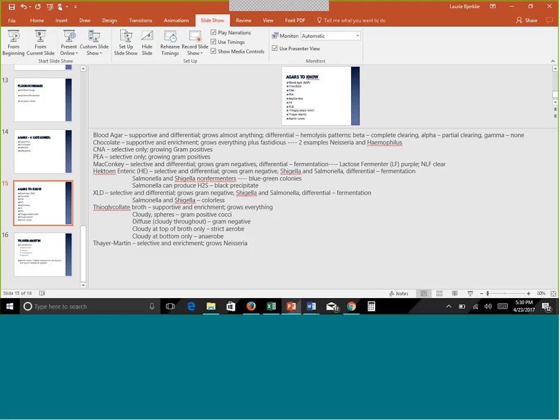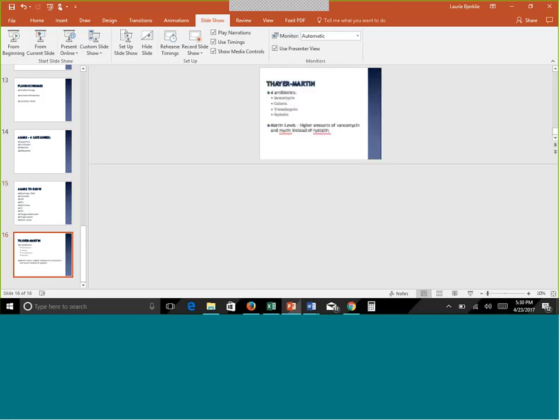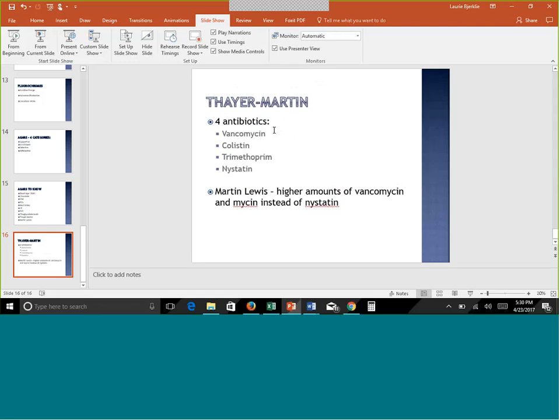So I am actually going to flip to the next slide right here because I have them listed out. So you can see these antibiotics are listed for Thayer-Martin. So it has vancomycin, which you need to remember inhibits gram-positives from growing. It has colistin, which inhibits gram-negatives.